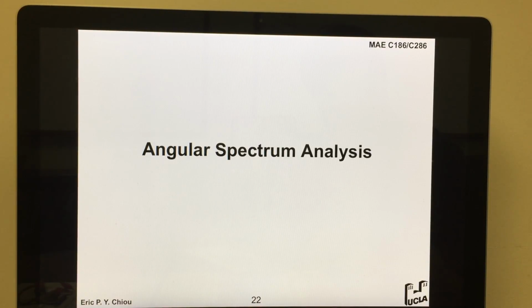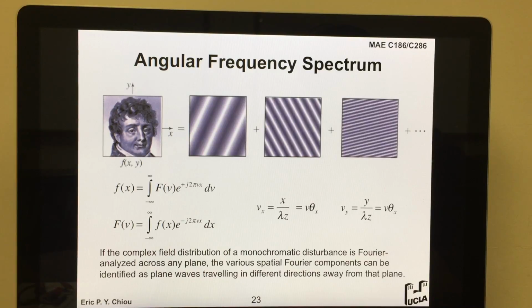So that's related to the next topic that we want to talk about, which is a different view of looking at the image, where we analyze the spatial frequency of whatever image you have.